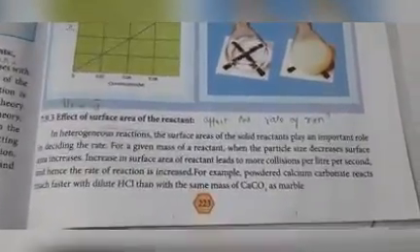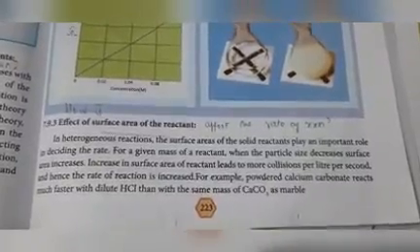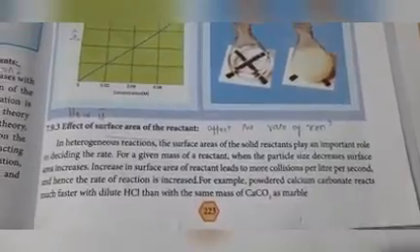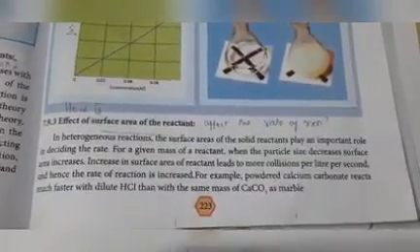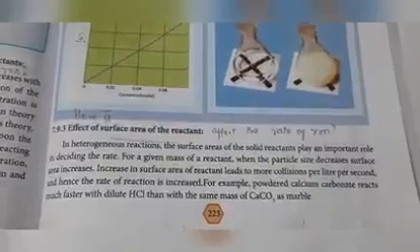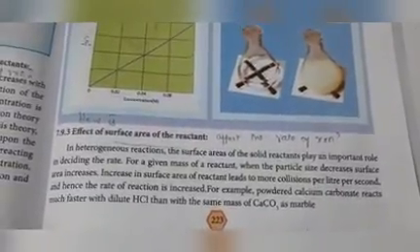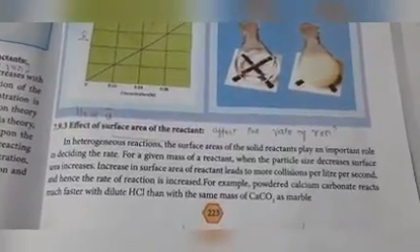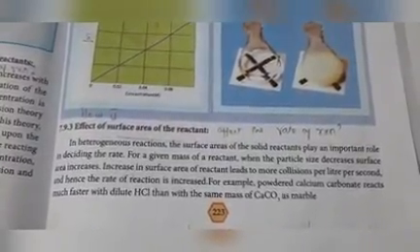For example, powdered calcium carbonate reacts much faster with dilute HCl than the same mass of calcium carbonate as marble. The reaction is the same, calcium carbonate reacts with dilute HCl. In the first category, powdered calcium carbonate is reacted with dilute HCl.